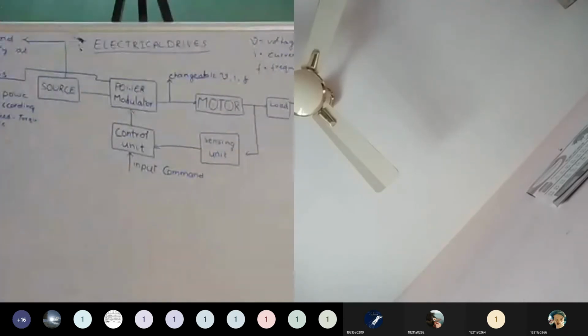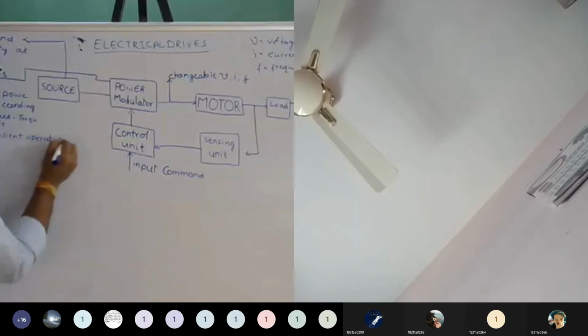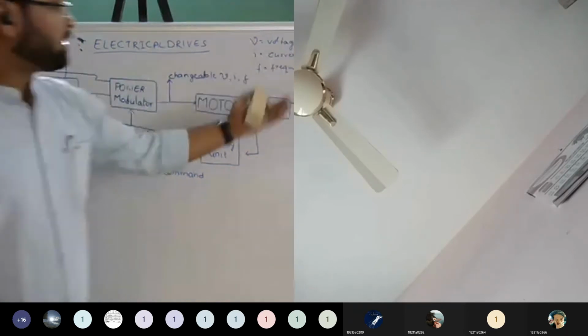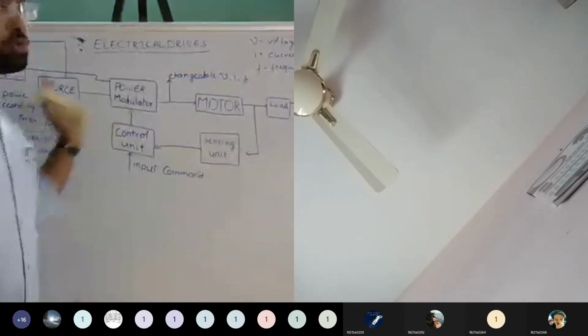And what is the second thing it is doing? In transient operations, it controls the current. Sometimes the load suddenly changes, so it will require more current, and it will ask the source to give more current.